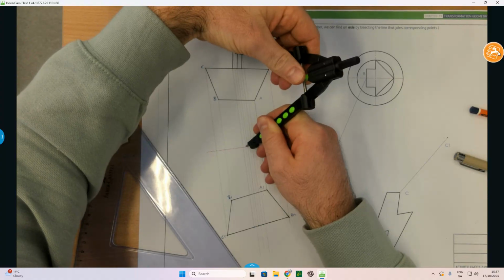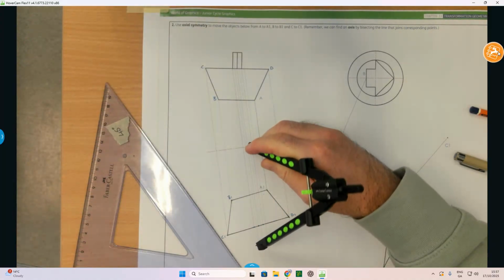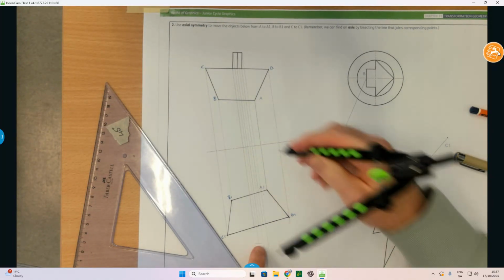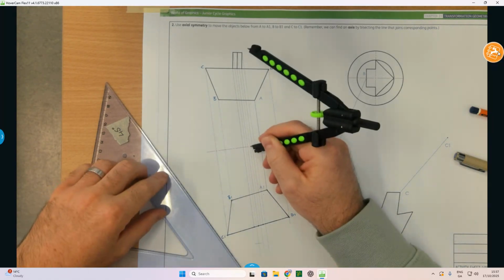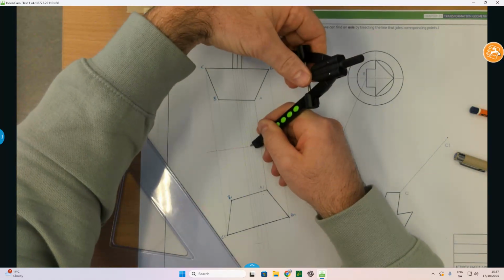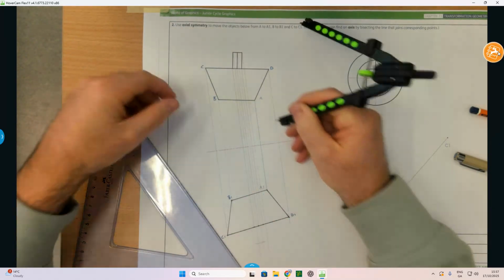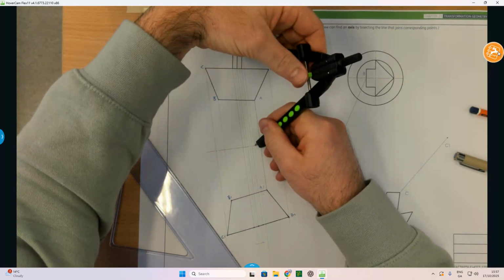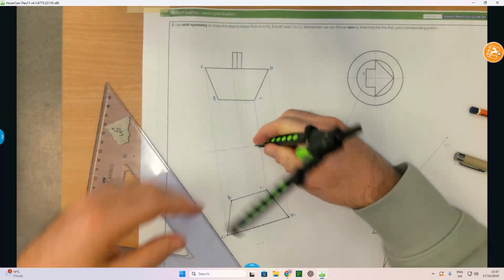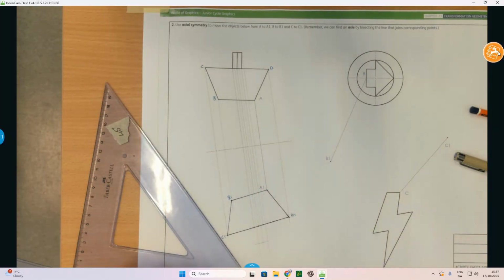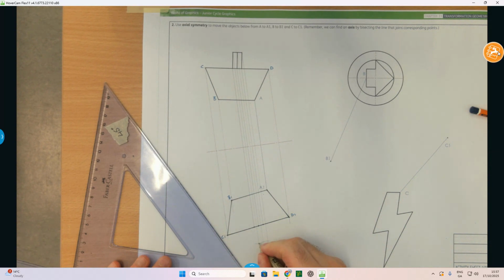Take the distance up to there, then mark it down. As you can see, I found one. I'm going to go to the next one, just slightly. There's the next one, and finally the third one. As you can see, you need a good sharp compass for this. And there's my points, there, there, and there.